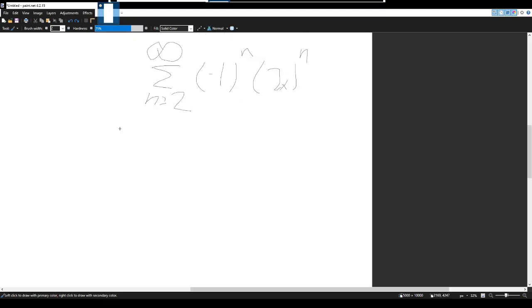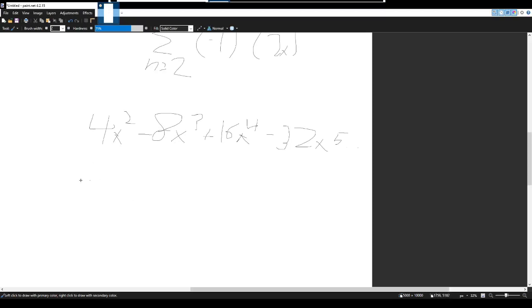So let's just write out the terms again. This is how I like to do sums of geometric sequences, which is what this is. I know there's a formula for it, but I do not remember it, so I just think about it like this every time. So 4x squared minus 8x to the third plus 16x to the fourth minus 32x to the fifth, etc. Let's call this sum s.